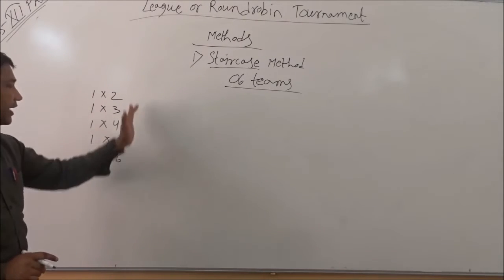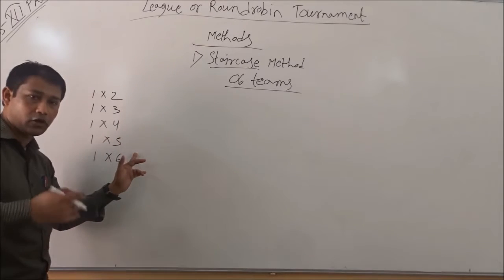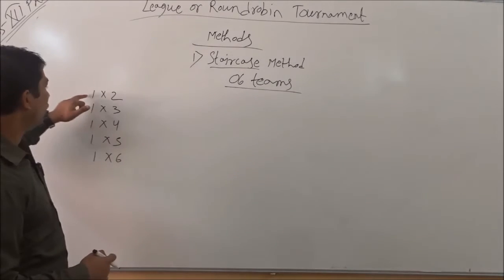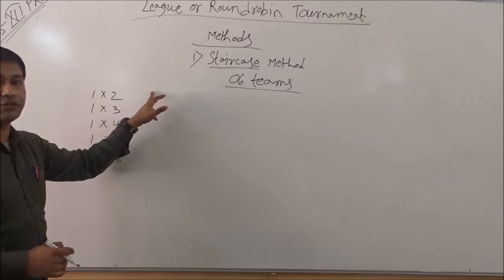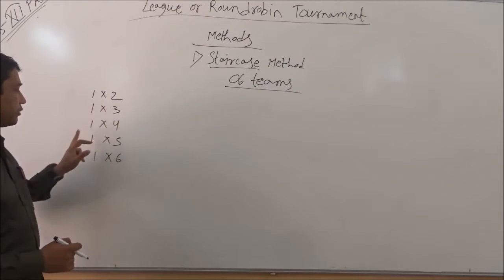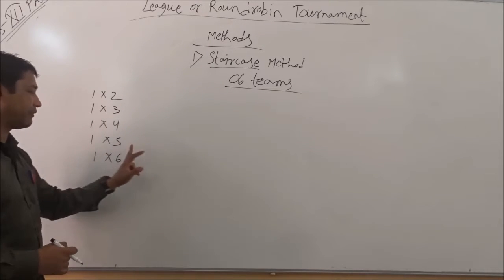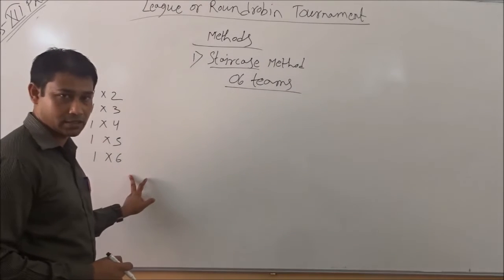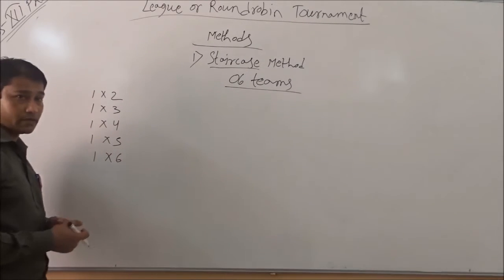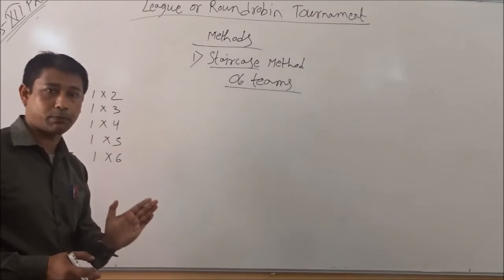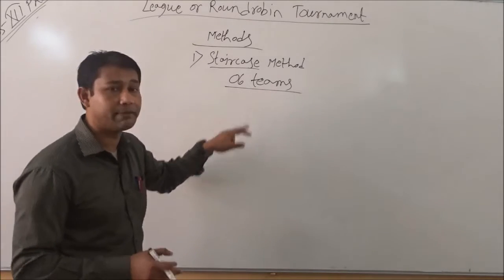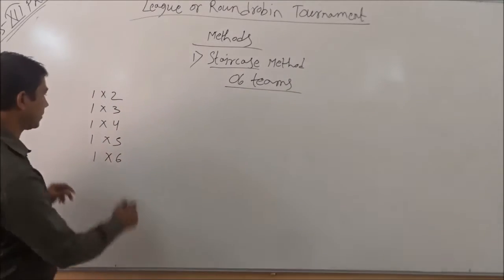On the right hand side, I have kept on alternating the teams. 1 into 2 means one is playing with 2, one is playing with 3, one is playing with 4, one is playing with 5, one is playing with 6. So this shows that the team 1 is playing with all the other remaining teams once.